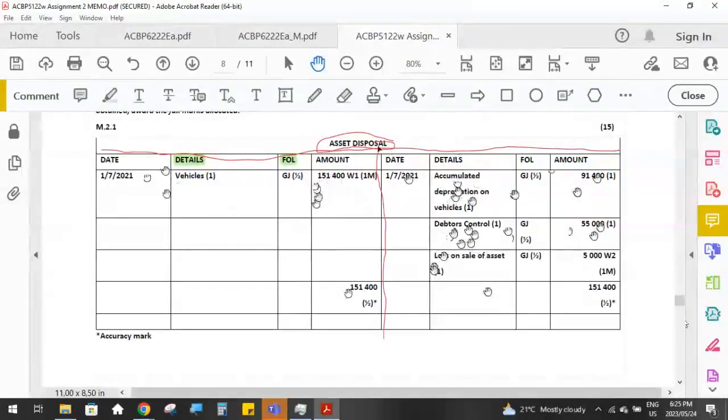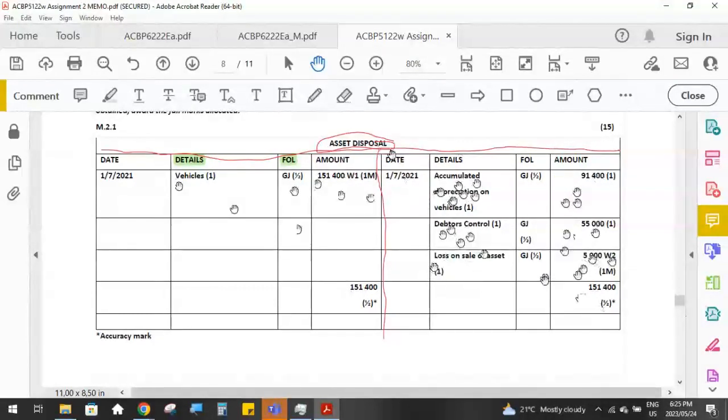So the left-hand side is the larger value, which means that we need to add an extra 5,000 Rand to the right-hand side so that the right-hand side also adds up to 151,400. So that is how we calculate this amount here, the 5,000, which because it's going to be a credit, we need to debit the loss on sale of asset and credit asset disposal.